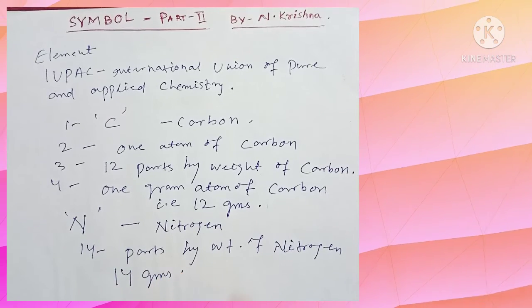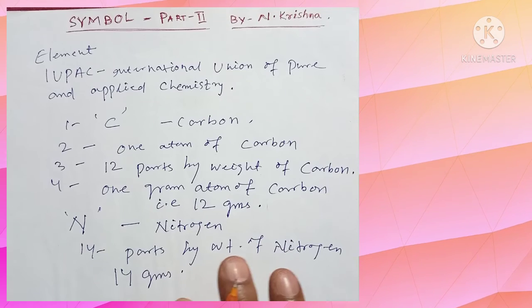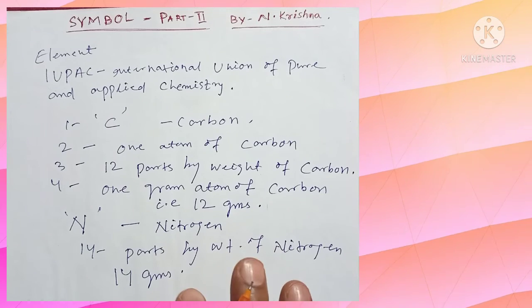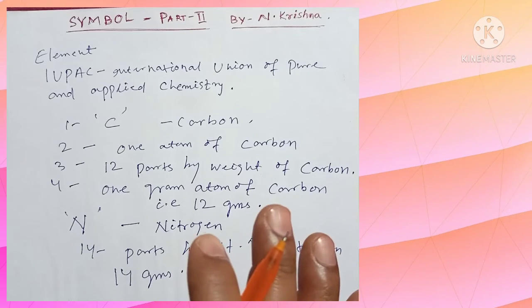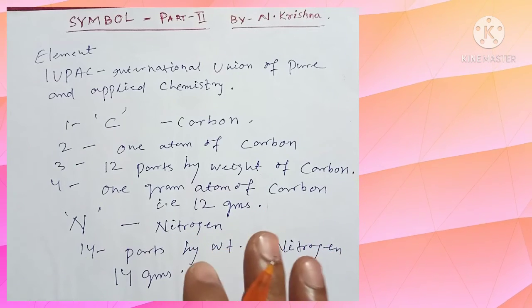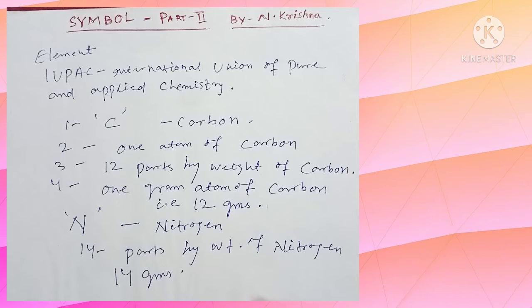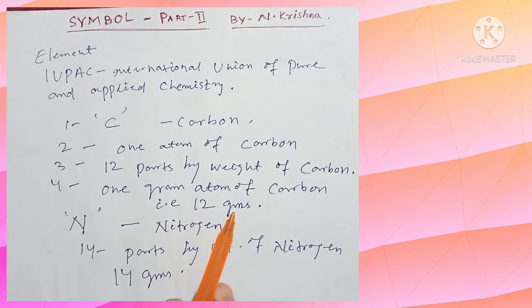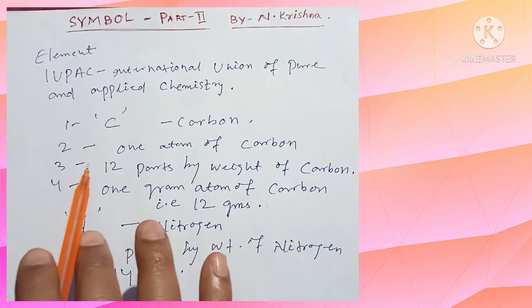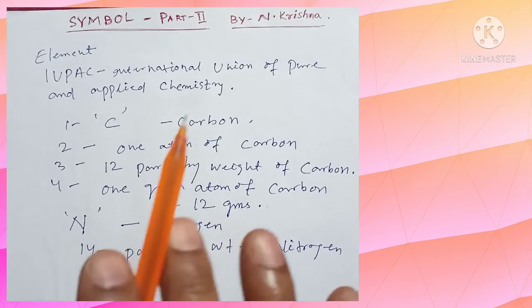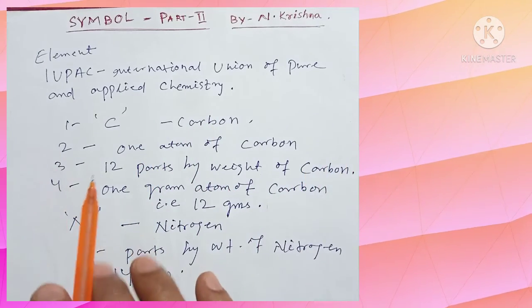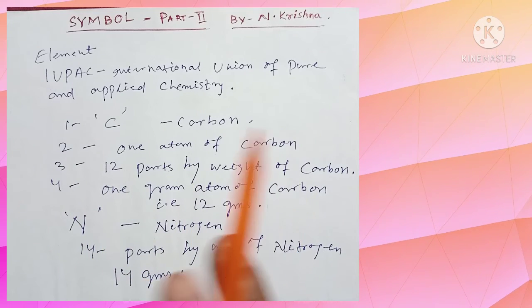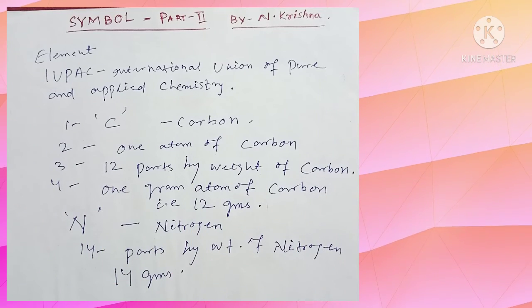So these are the 4 significances of the symbol. From a symbol, you can know the full name of the element and 1 atom of that element, the number of parts by weight of an element, or 1 gram atom of an element.